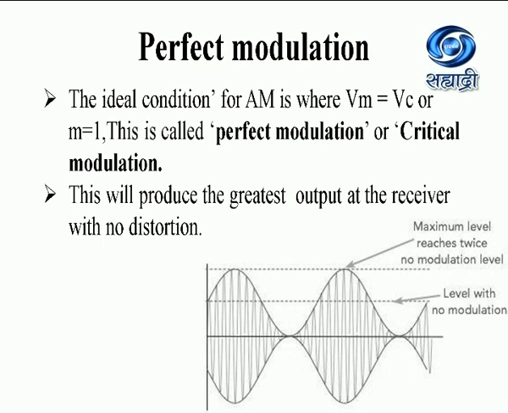If you observe the diagram, we get the exact output of AM waveforms. Here Vm is equal to Vc, so this is the output of perfect modulation. But the problem of perfect modulation is that it is not used in practical. We cannot create m equal to 1. That's why it is impractical.